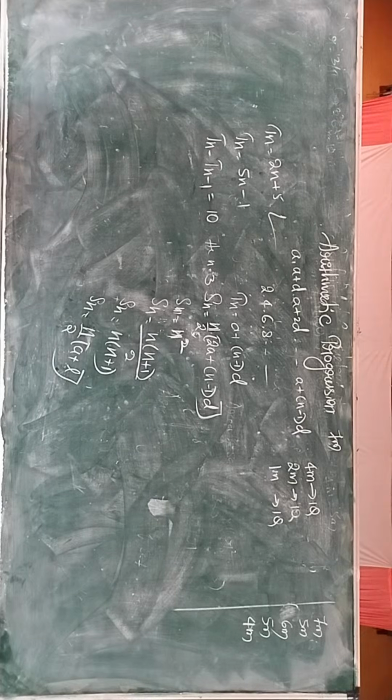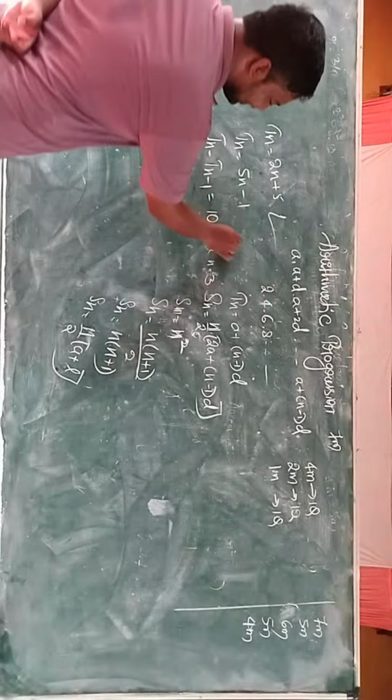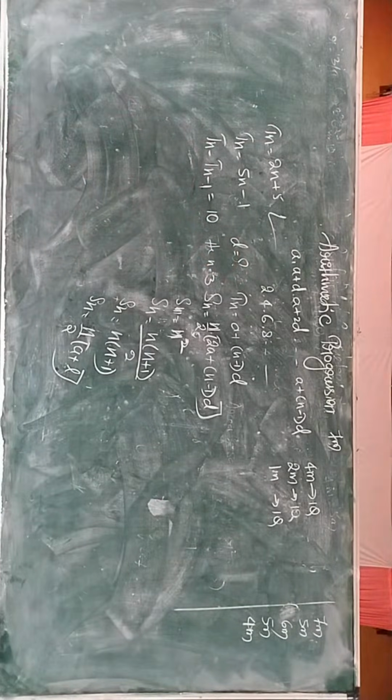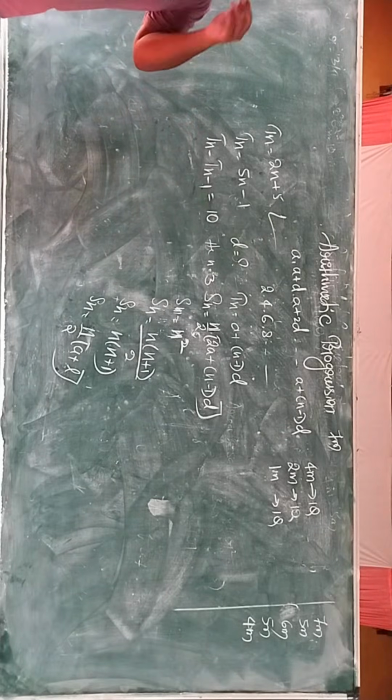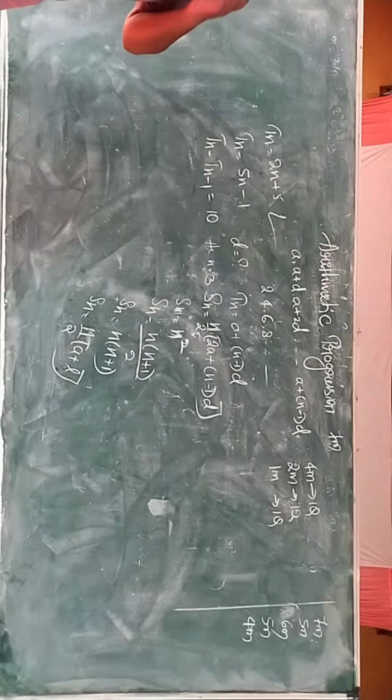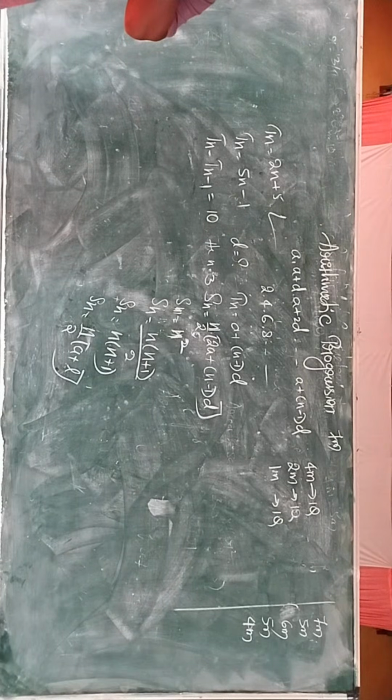T3 minus T2, what does it give? D, the common difference. Find D, not the first term. Simple question, see. Tn minus T(n minus 1) is equal to 10 and n is equal to 3. Find the common difference. 10. The common difference is 10.